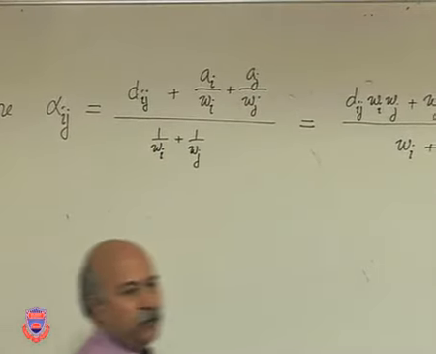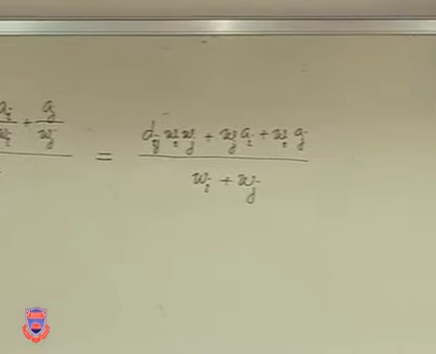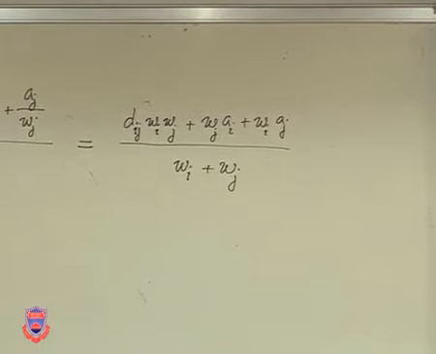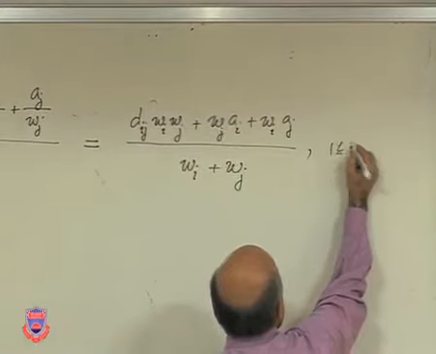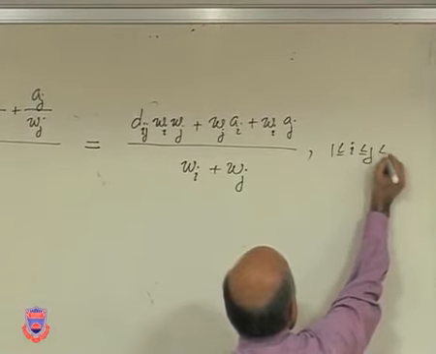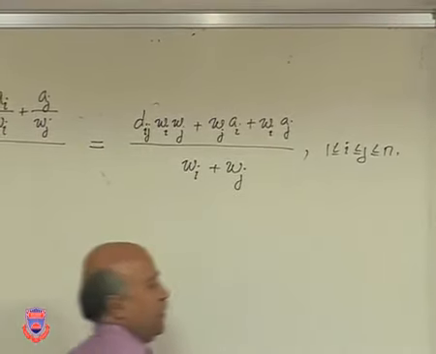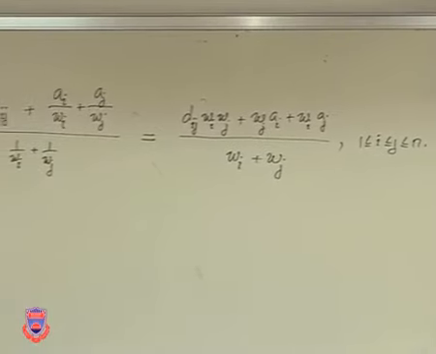This is usually how you would see it. It's the same thing. This is for every i, j pair between 1 and n.